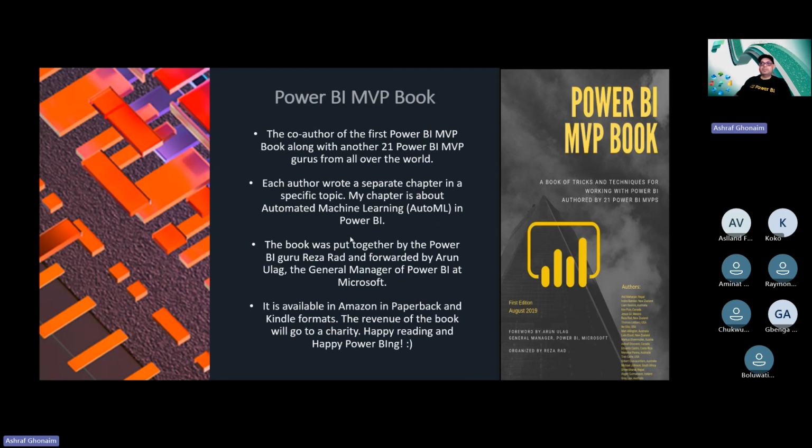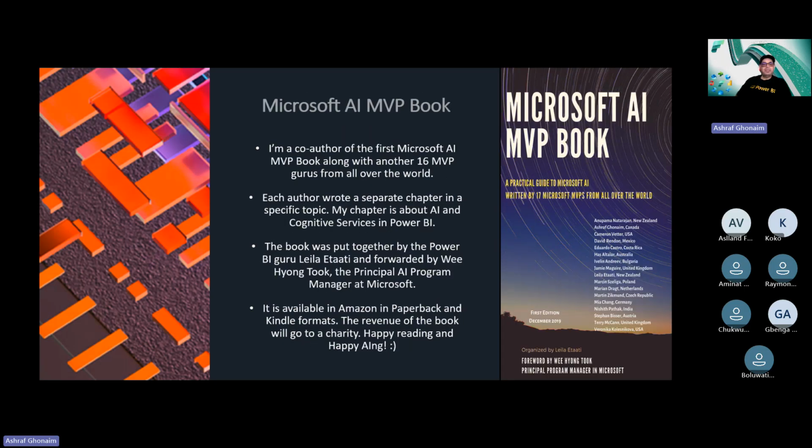Those are the 2 books that I mentioned earlier. They were written by MVPs from all over the world, and every MVP wrote a specific chapter. The chapter I wrote in this book was about the AutoML capabilities inside Power BI. The other book is the Microsoft AI MVP book, again written by MVPs, and the chapter I wrote was about AI and cognitive services capabilities inside Power BI.